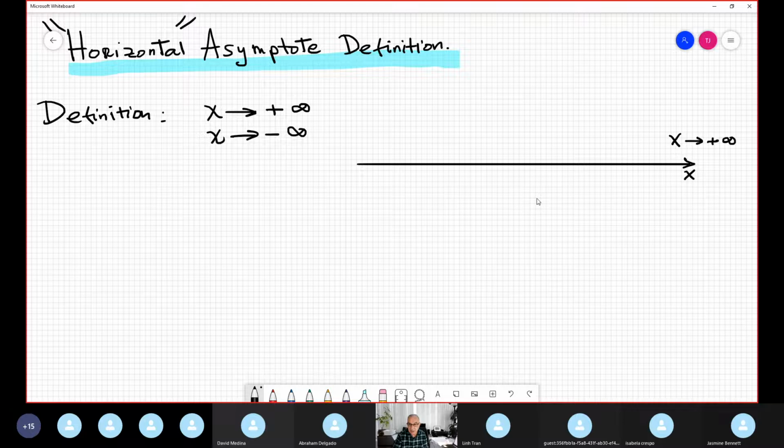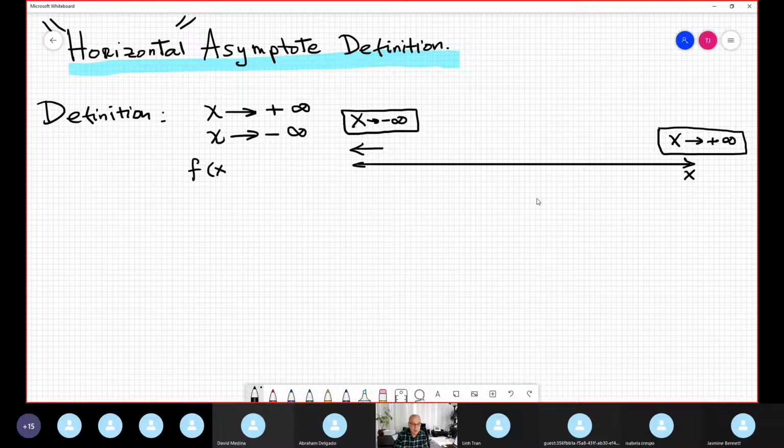That idea means that you evaluate the function at a huge number, 1 million, 10 million, or in the opposite direction, when x approaches negative infinity. It's a huge number also, but negative. My goal is to determine what f of x approaches in that situation.